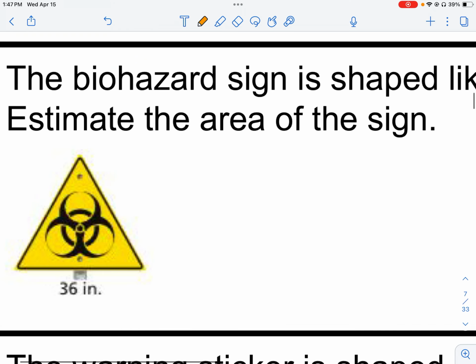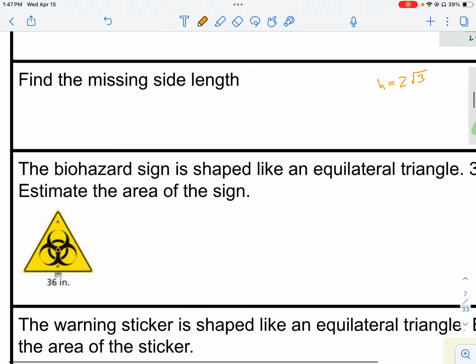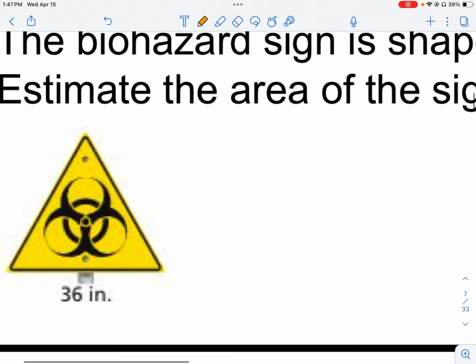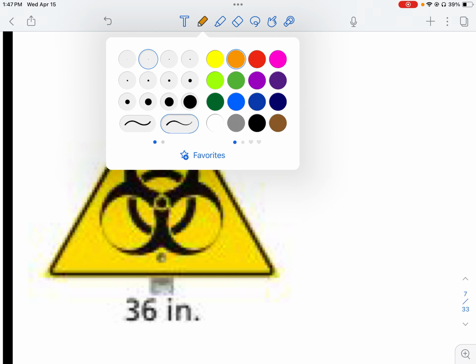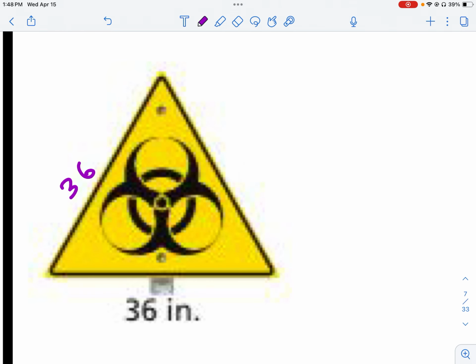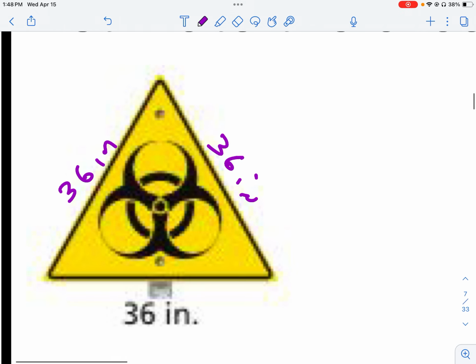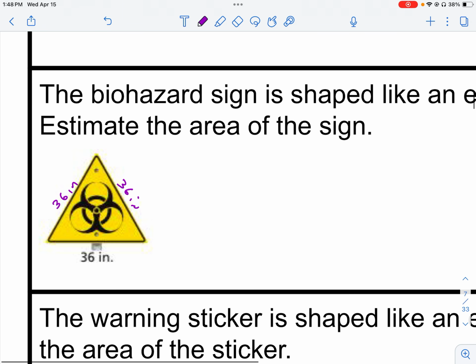Because in this example, our biohazard sign is shaped like an equilateral triangle with 36-inch sides. So we got 36 inches here. We got 36 inches here. And we want to find the area of the sign. So the area of a triangle is 1/2 base times height.